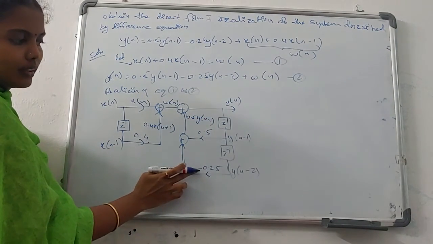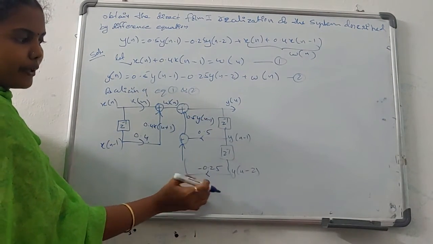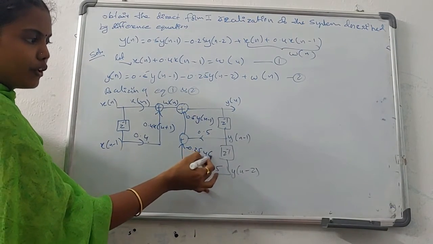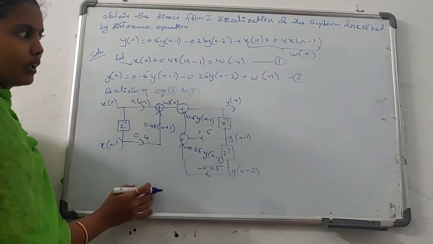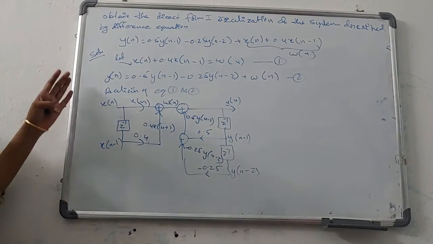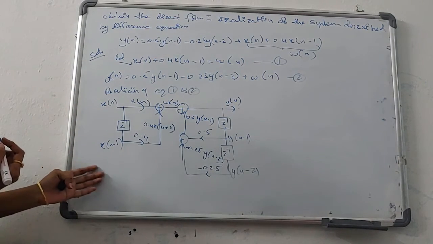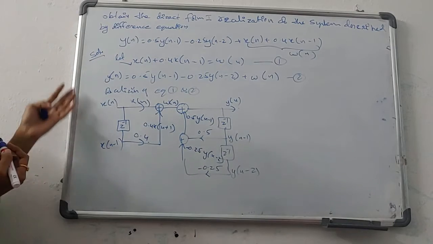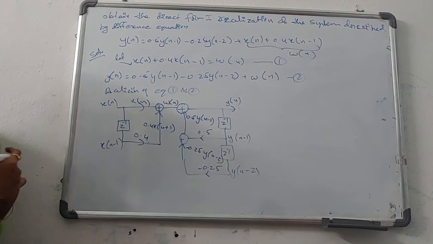Here the constant is minus 0.25, so here is minus 0.25 into y of n minus 2. So this is y of n. This is the way we have to do the problems on direct form 1 realization.